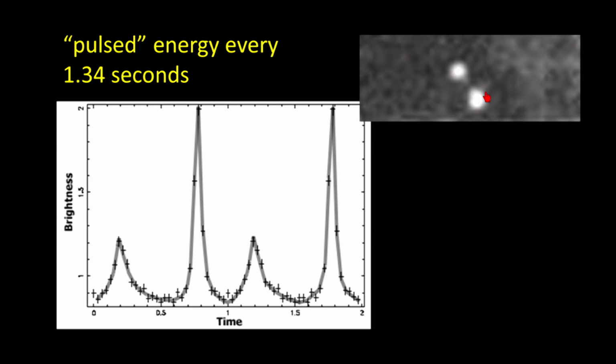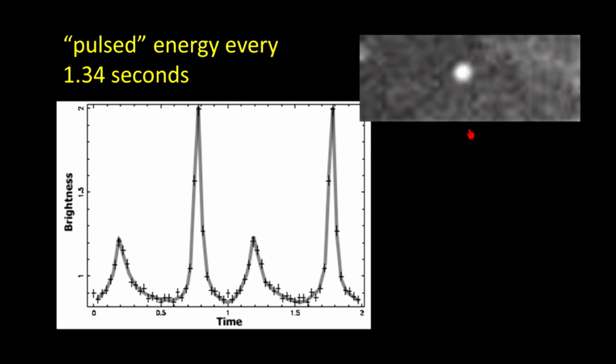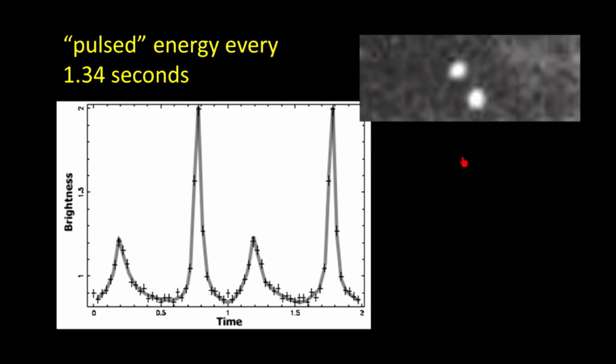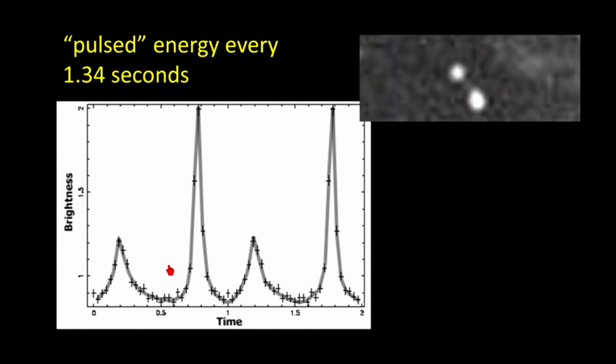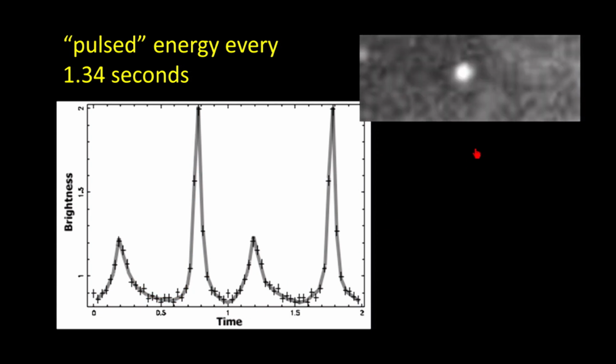What you'll notice is how this thing is turning on and turning off, and it's doing it with this incredible regularity. This is the energy in radio light, I should say. This is visible light. And what they noticed is it was a pulse of bright and then dark with a period of 1.34 seconds. So something seemed as if it was turning on and turning off with incredible regularity.